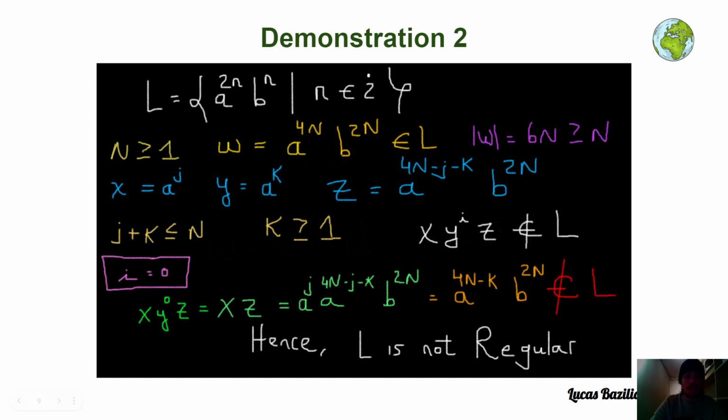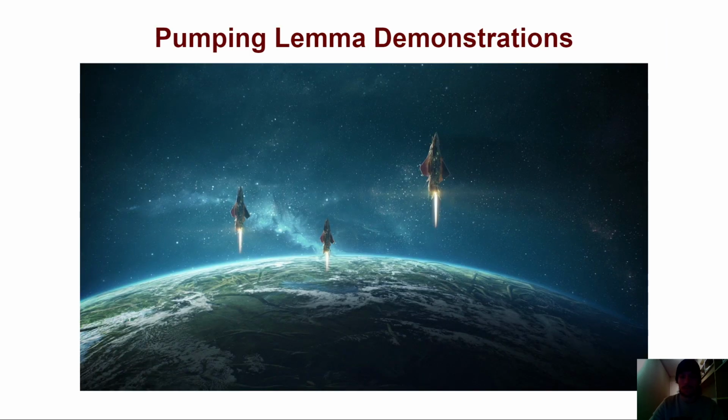So for any value i that you choose different from 1, you will achieve a resulting word that will not belong to the language L. So the number of a's will not be 2 times the number of b's, and hence the language is a non-regular language. With this, we finish these demonstrations using the pumping lemma.